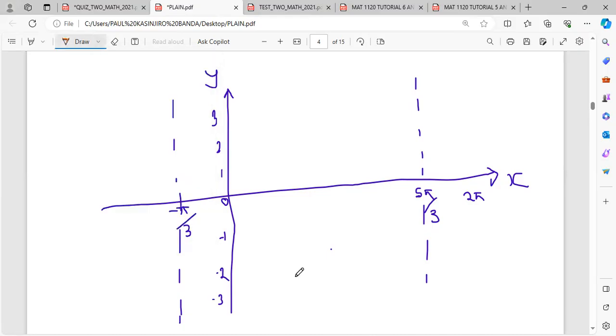We plot the graph in relation to the ranges that we have in the x and the ranges that we have in the y. So we said starting from -pi/3, ending at 5pi/3. So we can now sketch our graph.